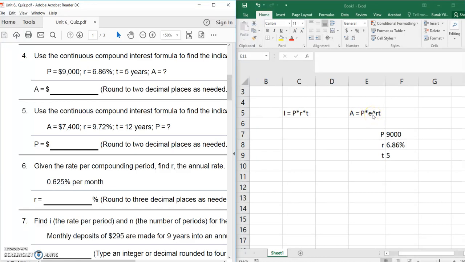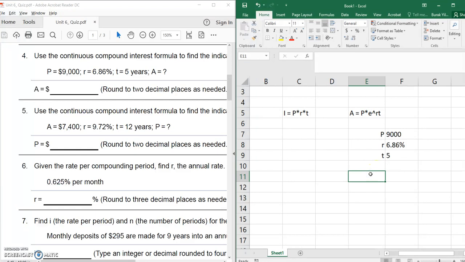And e is a constant number, irrational number, which is like 2.718. So anyways, you can use again a calculator or the Excel functions to figure this out. So P is given 9,000, R is given 6.86%, and T is given 5. So all you need to do is find A.